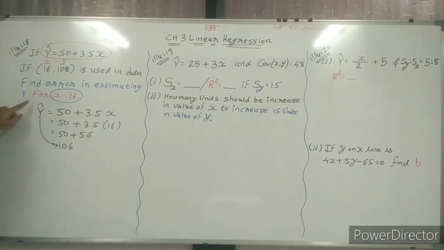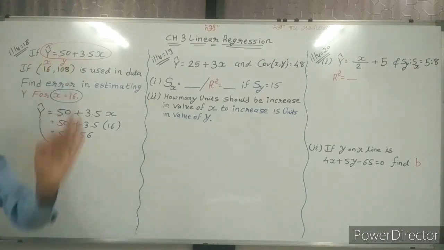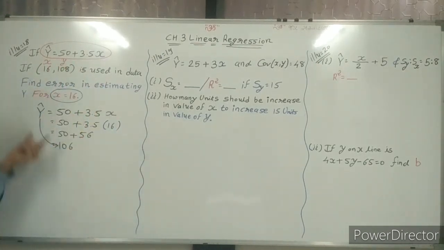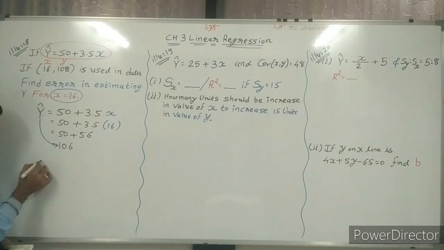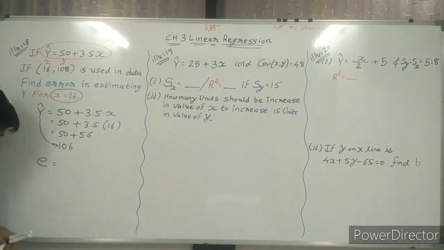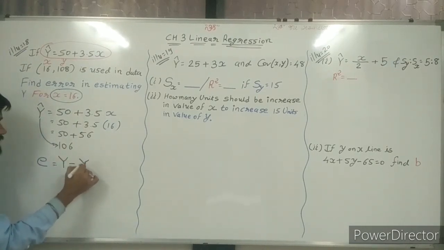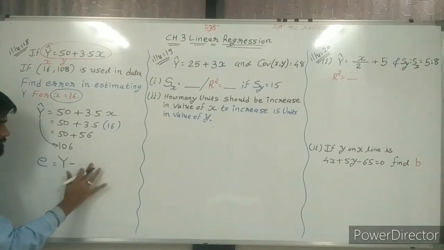Estimating y means y cap. Estimation means cap. In the last lecture we have discussed this already. So y cap. Now how can we find the error? Error means e, and the formula of error is y minus y cap.